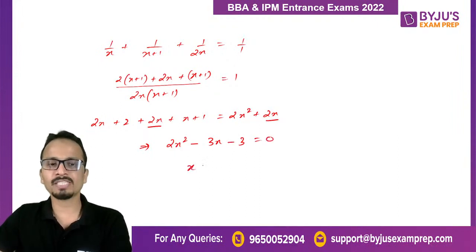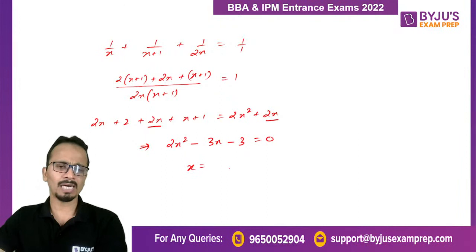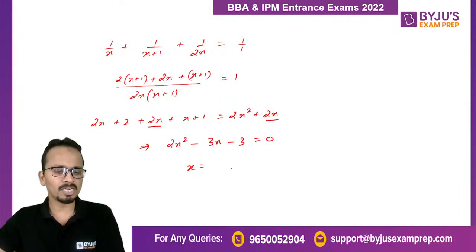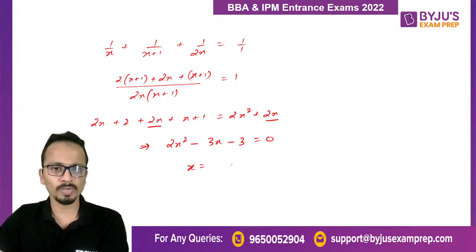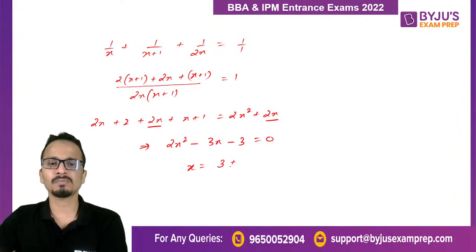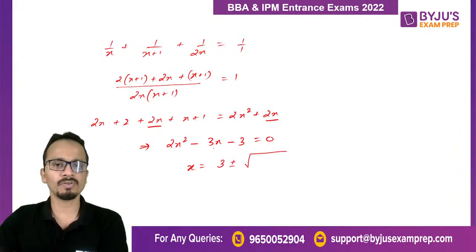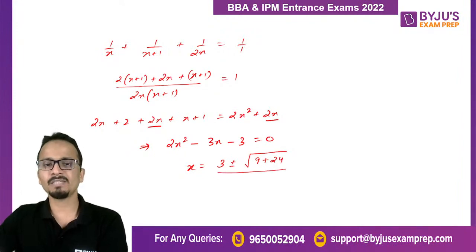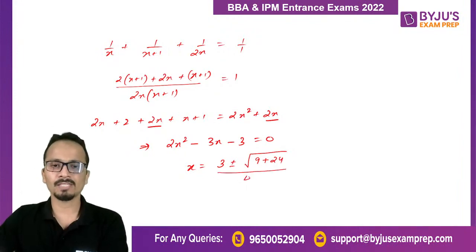So the value of x that will come here, I'll use minus b plus minus under root b square minus 4ac upon 2a. So minus b, that is minus of minus 3, plus minus under root of b square, that is 9, minus 4ac, it will become plus 24, divided by 2a, that is 4.